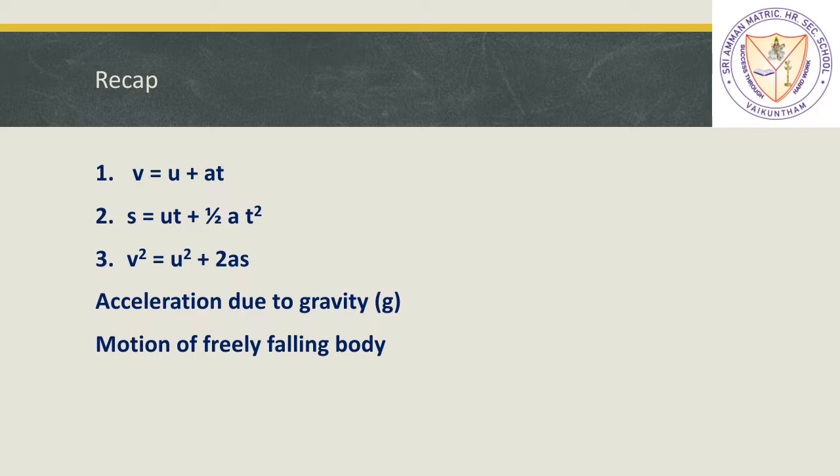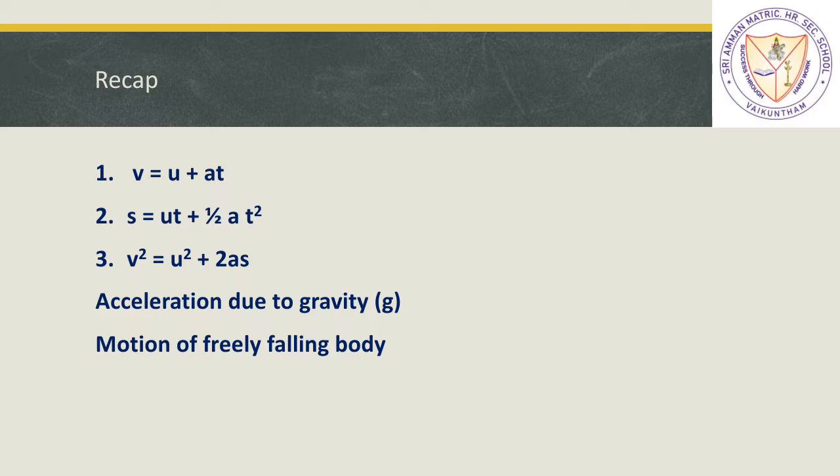After that we studied even about the motion of freely falling body, where we considered the acceleration due to gravity will be always towards the earth, that is downwards. So any object which is moving upwards, in that case we will take the acceleration as minus g.